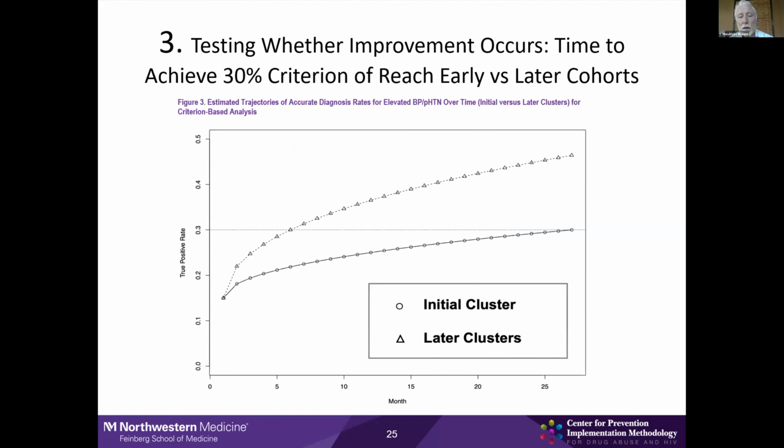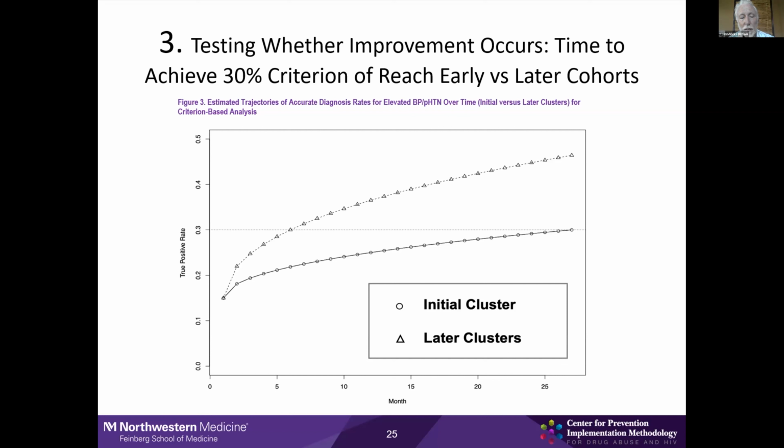Finally, the third way of looking at implementation trials, and here is to test to see whether improvement occurs. So as you roll out different sites and getting an intervention in here to do an implementation strategy, you might want to test to see whether you're improving over time.